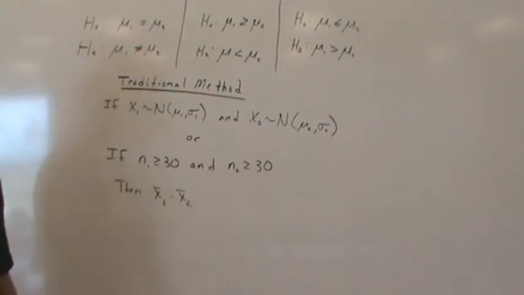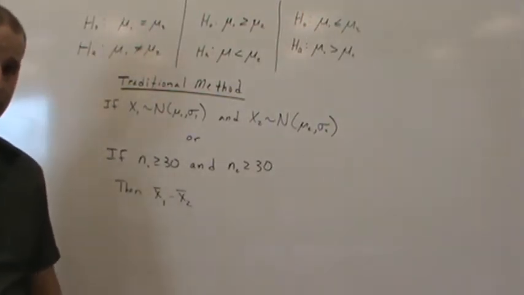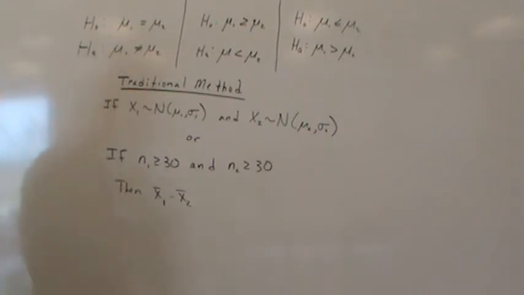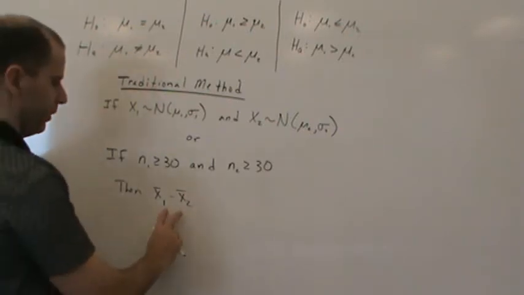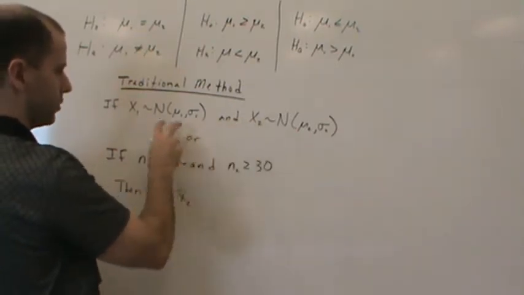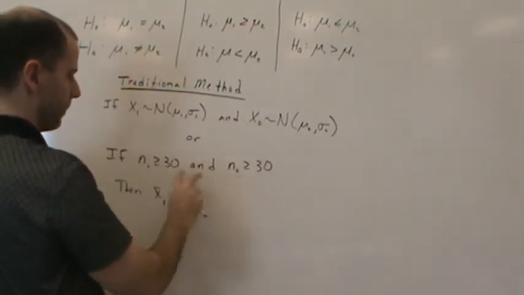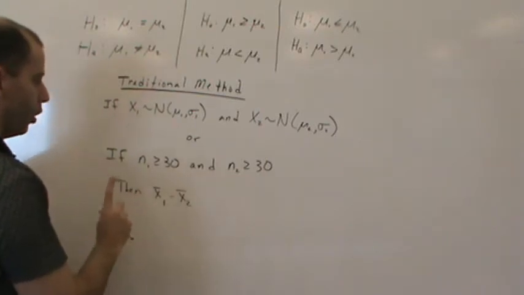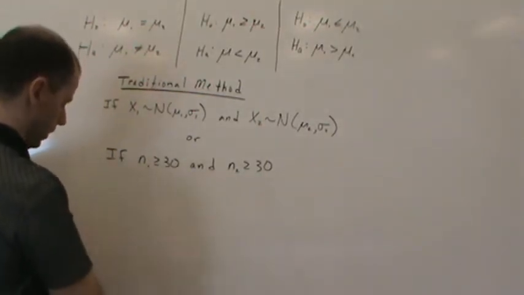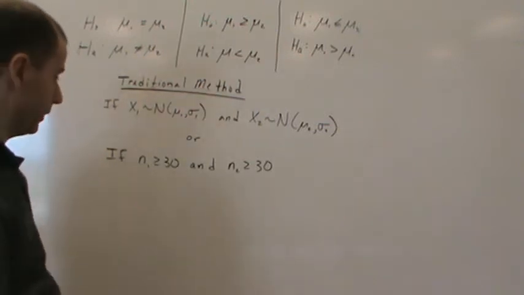Now, I'm not going to derive this because it's beyond the scope of this class. It's not necessary to derive this, but we can prove this by knowing this or this. So if we know that the populations are both normal or the sample sizes are big enough, what do we know? We know that from chapter 7, right?